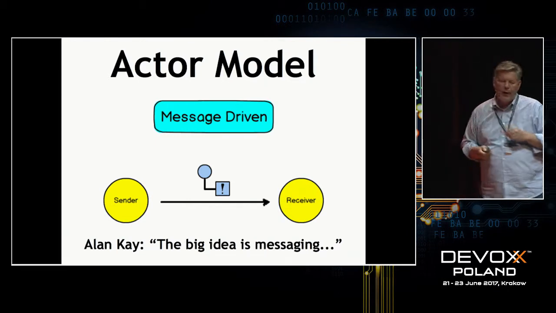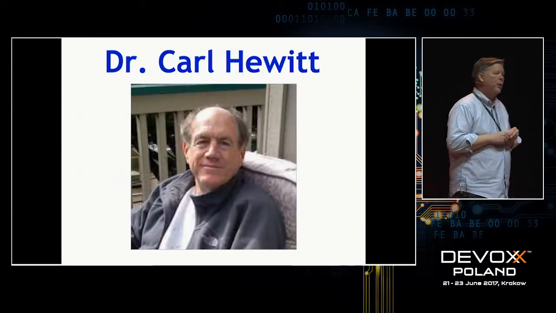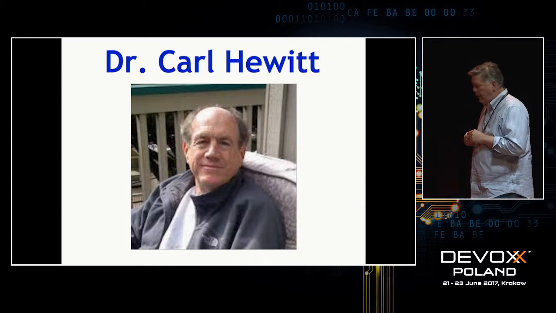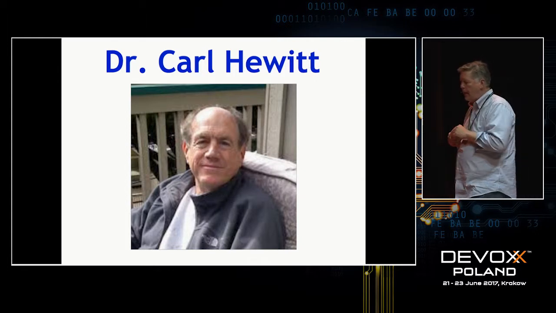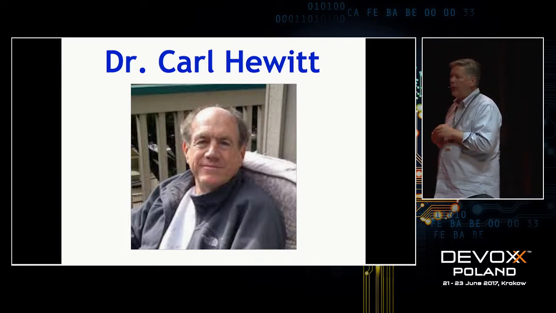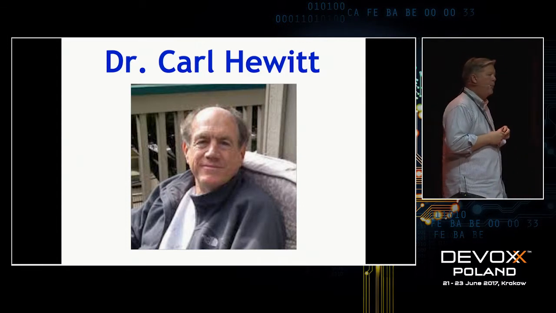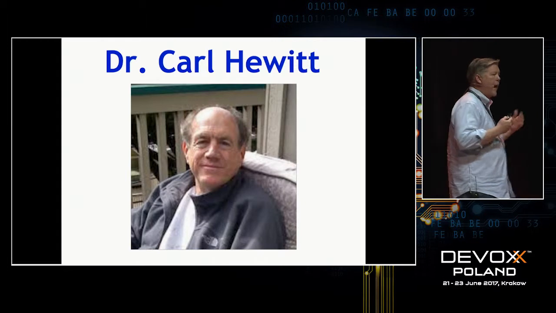And we'll come back to that thought. But shortly after Smalltalk 71 was released, as in 1971, in 1973, Carl Hewitt and some colleagues came up with the idea of the actor model.